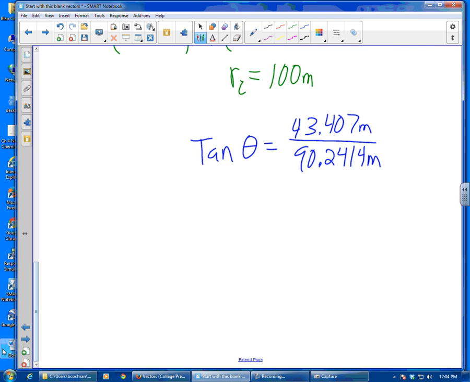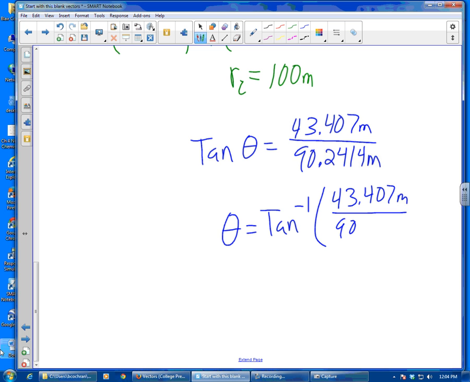But I don't want tangent, I want theta, so I've got to do the inverse or arctan of both sides. That is what the name of the inverse or arctan function is. You use the shift key on your calculator to get the inverse tan function or the arctan function. So I'm going to do that on my calculator, and I'm trying to get the calculator app up here so you can see that. But I don't have it yet. I want to see if I get this right. It's been a long problem.